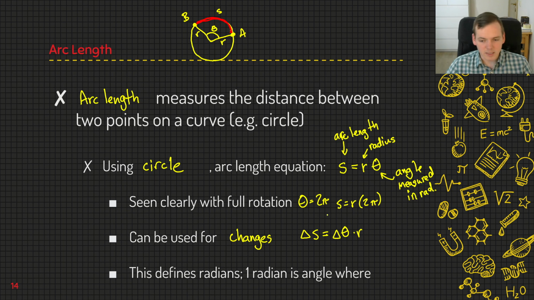And just as a side note, if you're interested, this is where we get our definition for radians. The radian is the angle where S is equal to r. So imagine any circle and you draw an arc length that's exactly equal to the radius, then that angle will always be the same, and we call that 1 radian. And so that's why when we go to 2 pi radians, we get the full circumference of the circle.